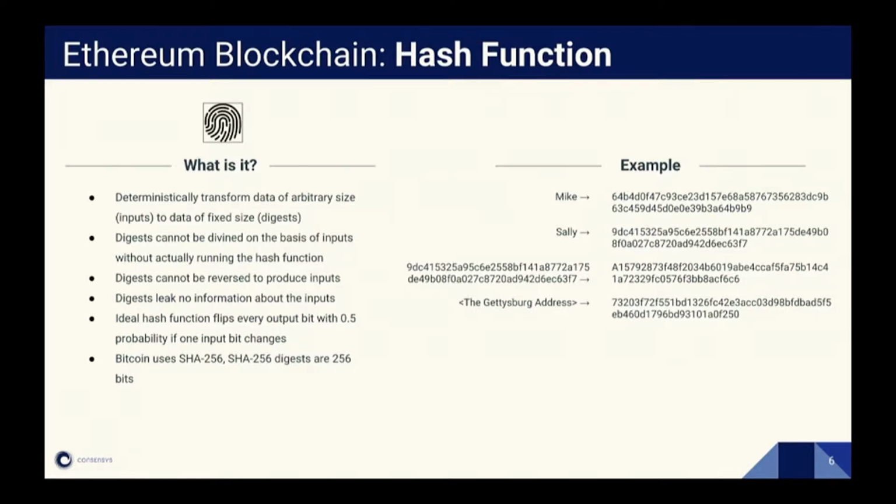An analogy that I use is you have a chicken, and you feed it through a hash function, you get a chicken nugget. But you can't put the chicken nugget into this hash function and get a chicken.